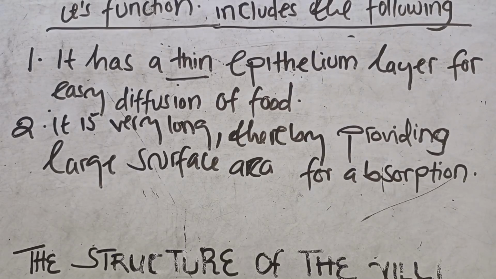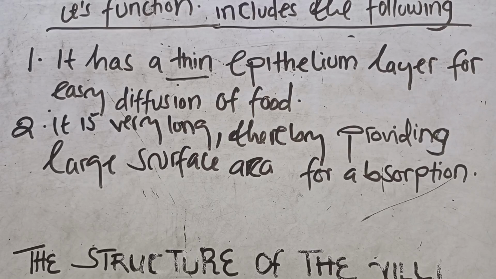In the structure that we drew, we are able to see that the ileum is very long compared to the colon, or the large intestine. The large intestine is very short in size compared to the ileum.